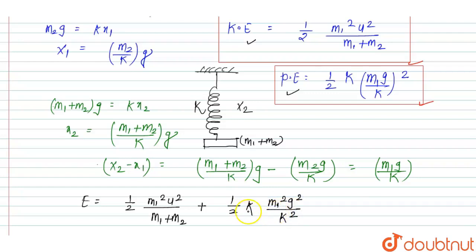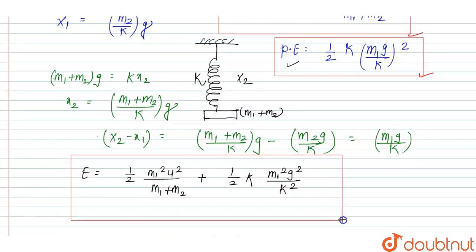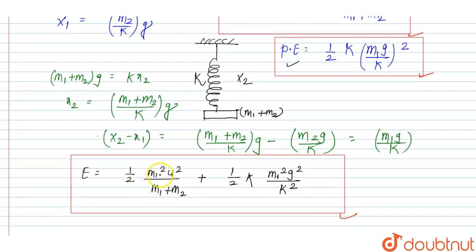This is the total energy of the oscillation: E is equal to half of m1 square u square upon m1 plus m2 plus half of k into m1 square g square upon k square. And this is the right answer of this question.